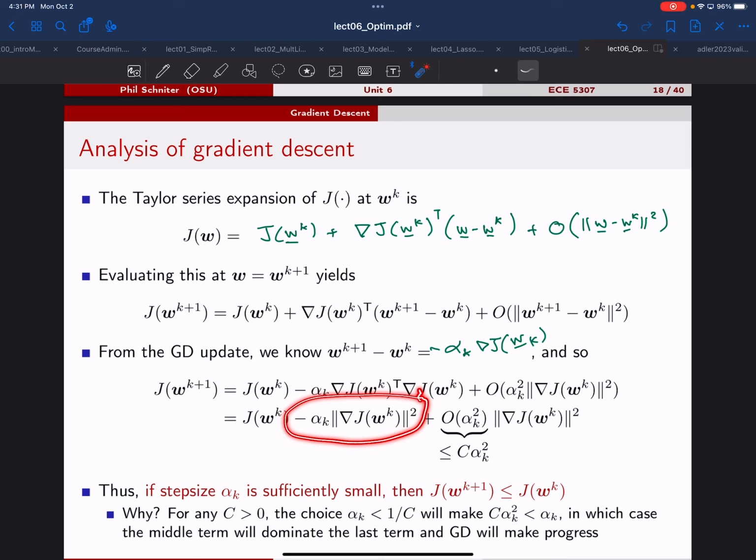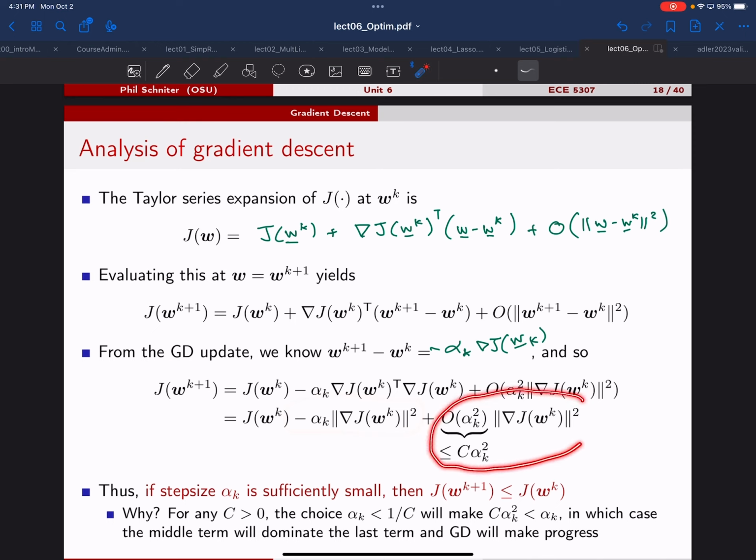Help it. Okay, for those who said help it, how do you know? The norm is always non-negative. And what about alpha_k? Positive, right? So these two together can never be negative, so they're positive or at least zero. So this will help us decrease the cost.